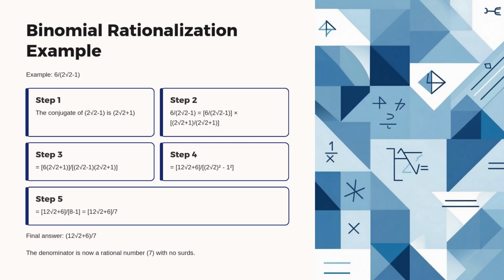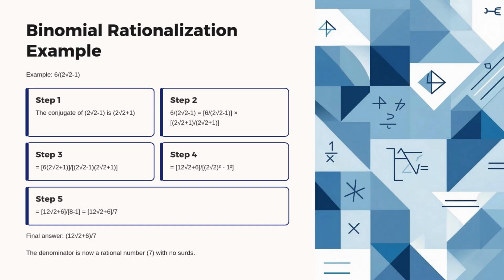This is obtained by multiplying both numerator and denominator by the conjugate to rationalize the denominator. Step 3 equals (6 times (2√2 + 1)) divided by ((2√2 - 1) times (2√2 + 1)). This is obtained by combining the numerators and denominators.